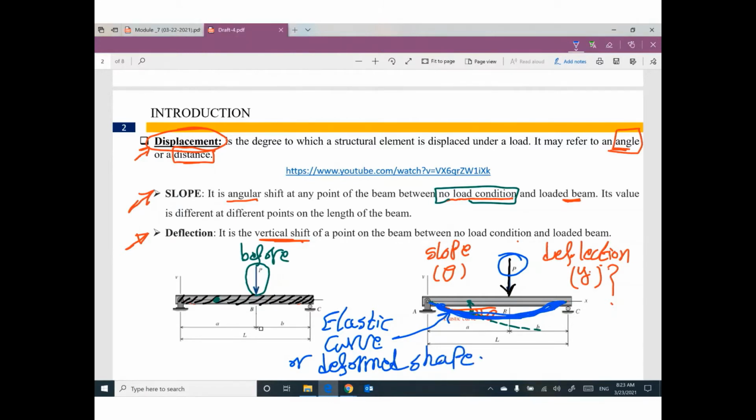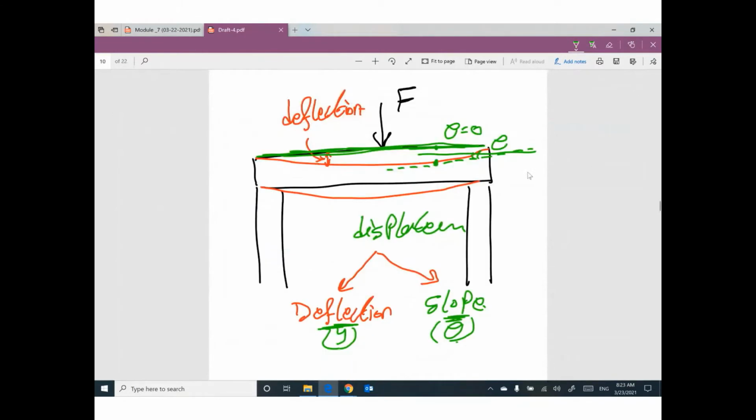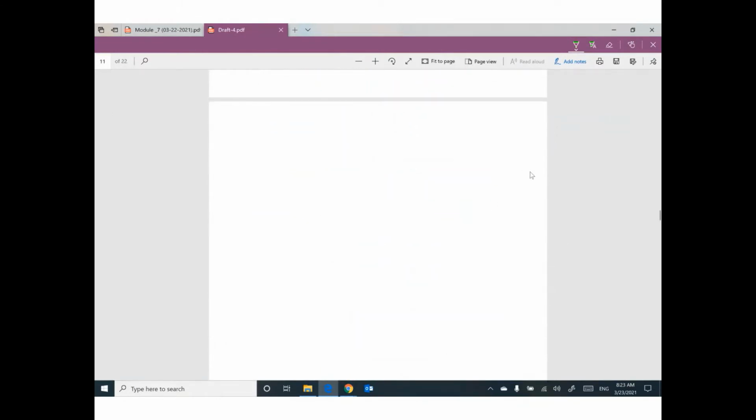For example, if you are in a job interview as an engineer and the interviewer asks you, if you have a beam and you have a concentrated load here, can you draw the elastic curve?